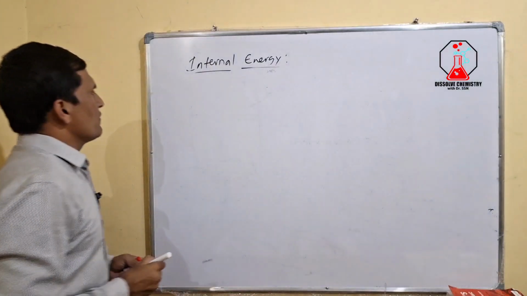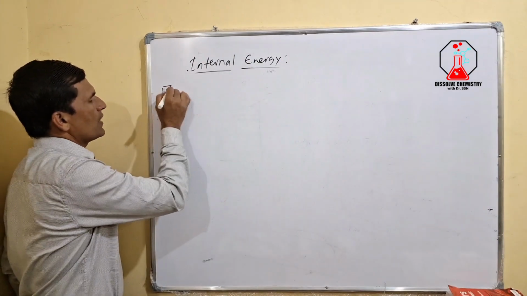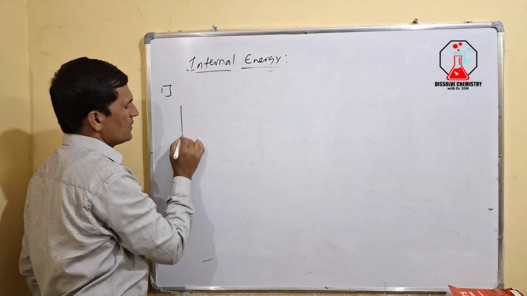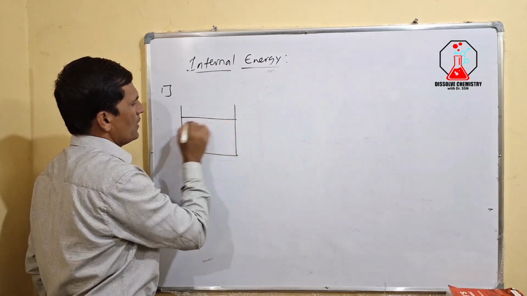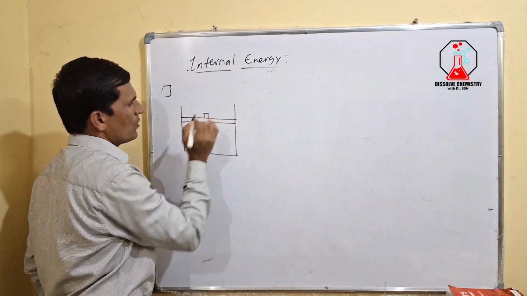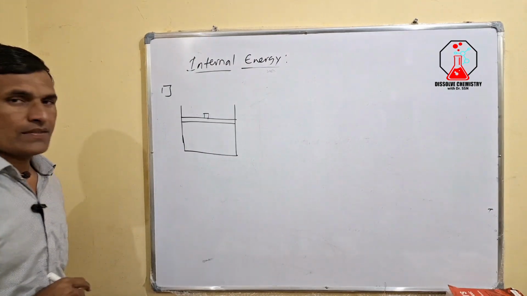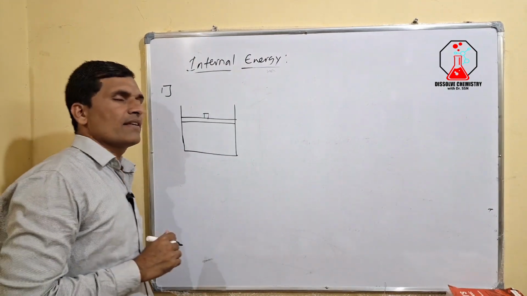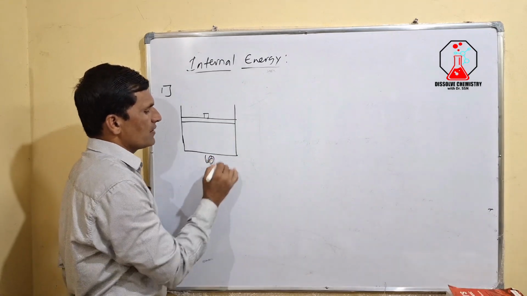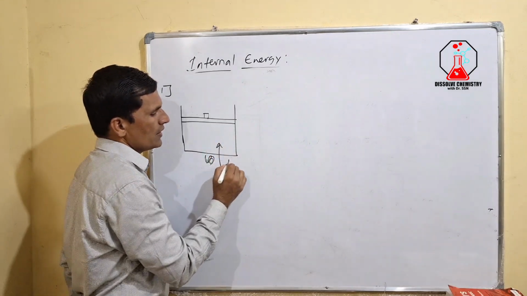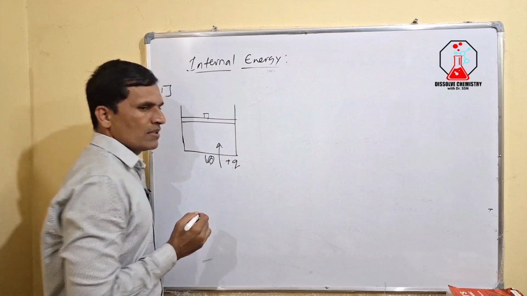Well, first we will take condition number 1, that 1 mole of gas is fitted, or confined, in a cylinder. Now suppose I am giving heat energy to the system, means heat is added to the system.